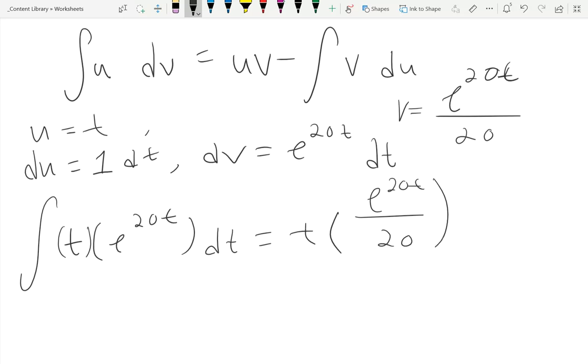That's the first term. And then minus the integral of v, which is e^(20t) over 20, then du, which is just dt.